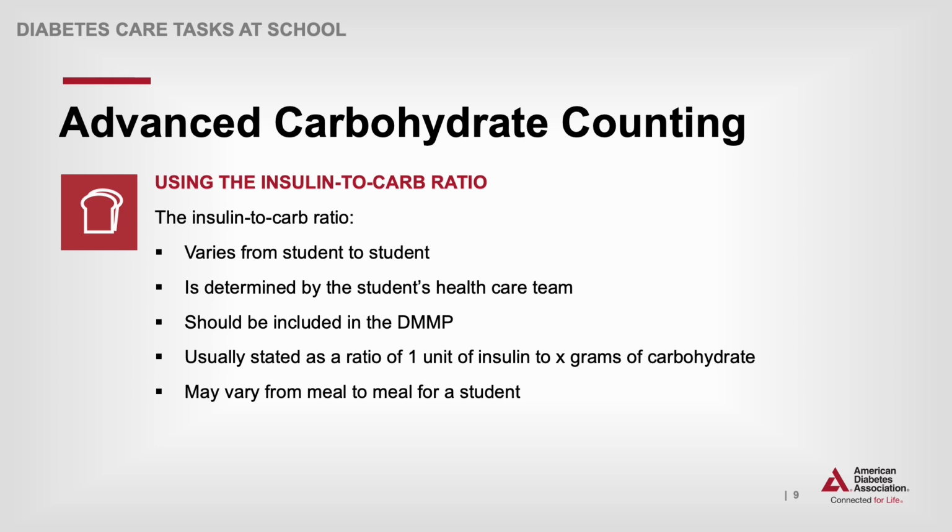Students who use this method may administer insulin before, during, or after the meal per their DMMP. If students are administering insulin before the meal, it is particularly important that they know the menu and the nutritional value of menu items, whether the lunch is purchased at school or prepared at home.